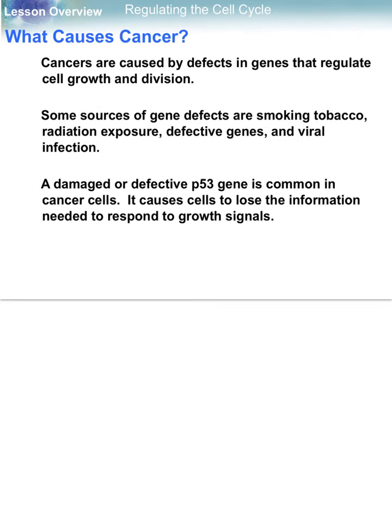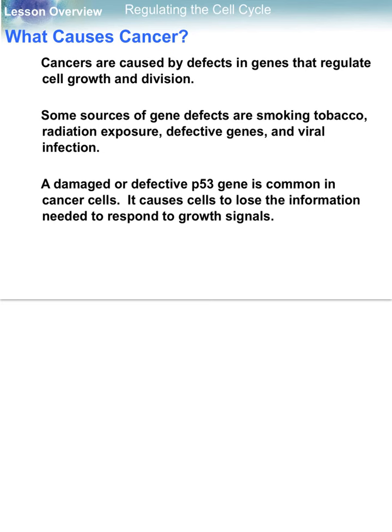There are a variety of causes for cancer cells. We are in no way, shape, or form talking about every type of them. There are very, very many. The vast majority of them come from some type of a cause. Cancers are caused by defects in the genes that regulate cell growth and division. Some sources of genetic defects are smoking, tobacco, radiation exposure, defective genes, and viral infections.